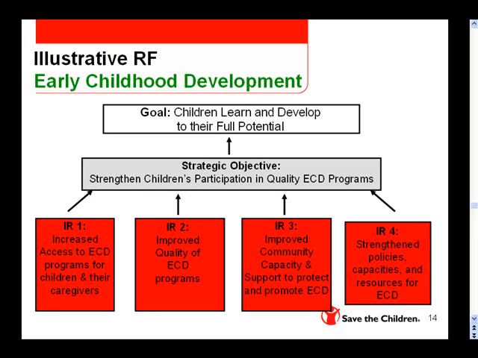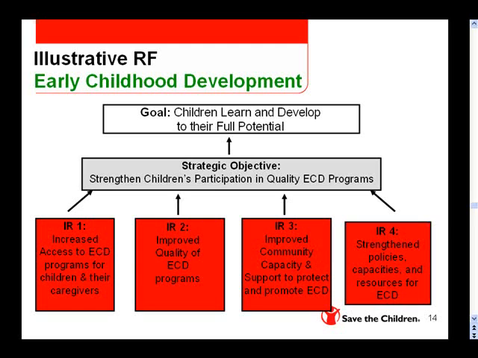Let's take a look at another example, in this case for the early childhood development programs, in which the goal is defined as children learn and develop to their full potential, while the strategic objective is defined as strengthen children's participation in quality ECD programs.